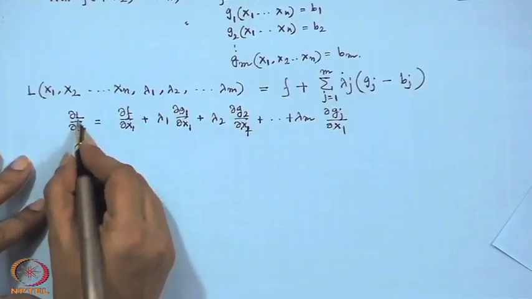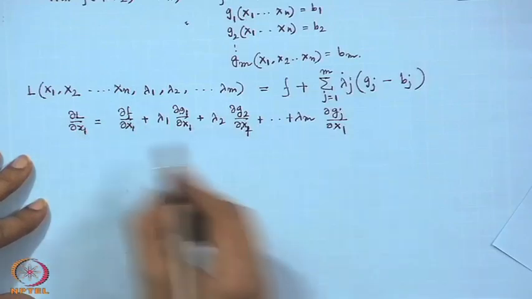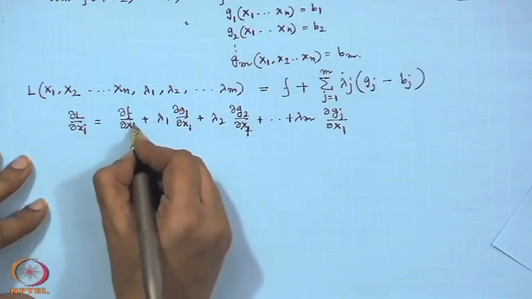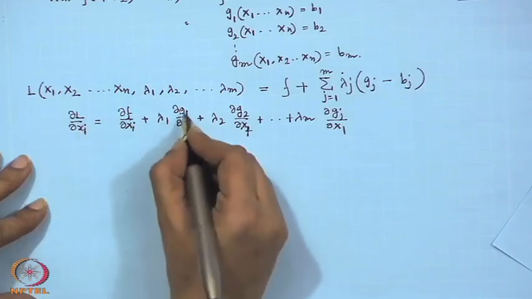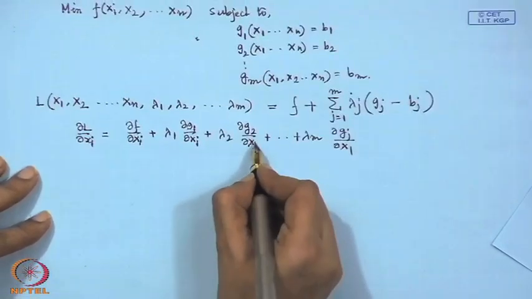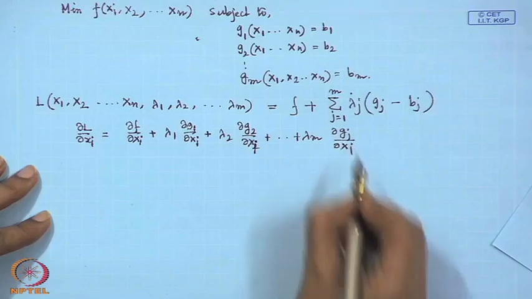Similarly, del L by del x2 would be formed the same way. That is why we can write in general, del L by del xi is equal to del f by del xi plus lambda 1 del g1 by del xi plus lambda 2 del g2 by del xi up to lambda m del gm by del xi.